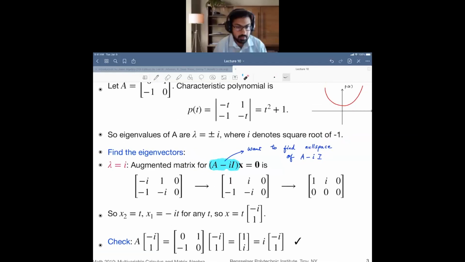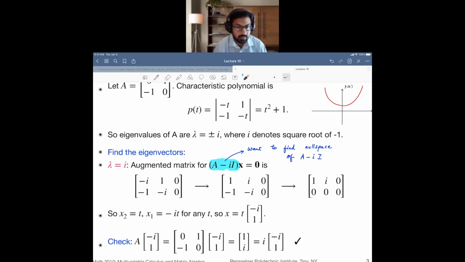And we are doing that by forming the augmented matrix, doing row reductions, and then discussing the solution set. So from here, our row reductions now are not going to involve things that are real. Now they are going to involve things that are complex.